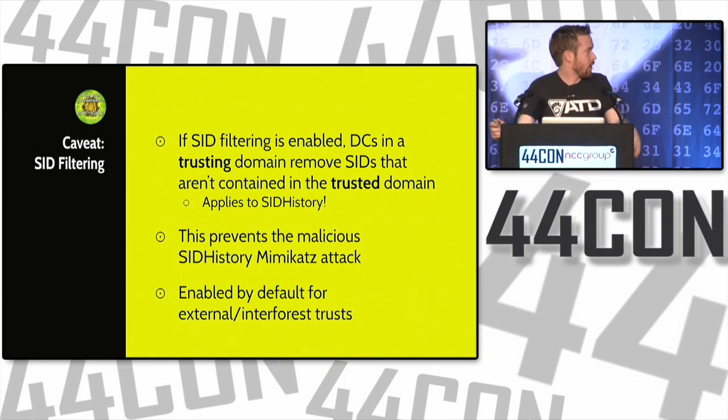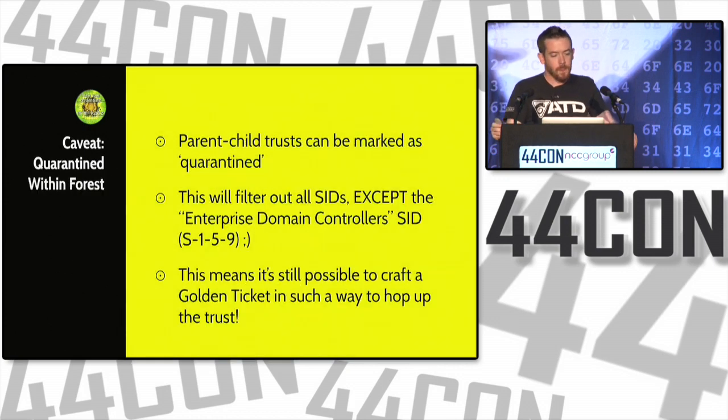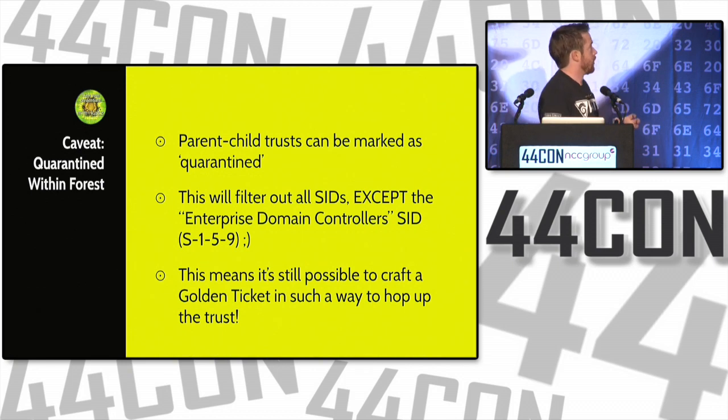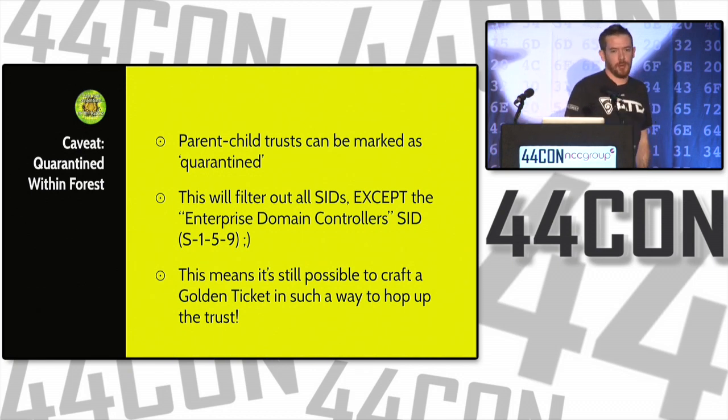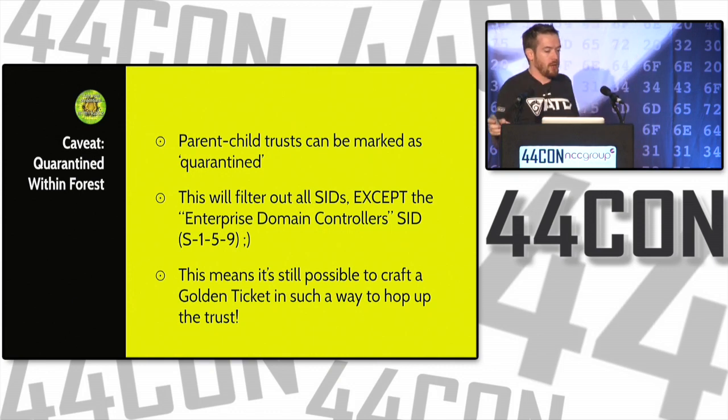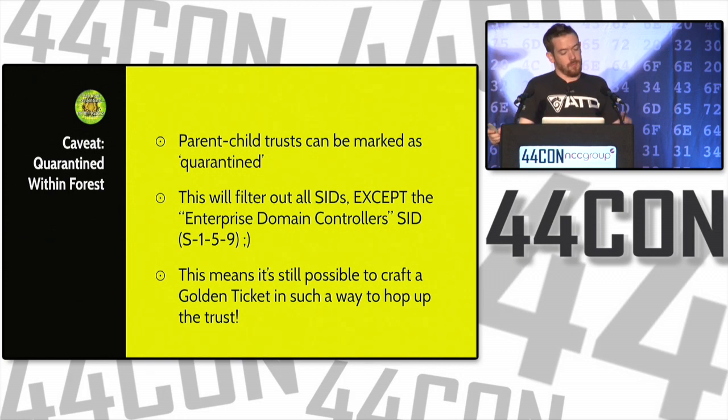It's enabled by default for external and inter-forest trusts. You can also enable it for trusts within a forest. There's quarantine within a forest as a particular security protection. If it's marked as quarantined, this will filter out all SIDs except the enterprise domain controller SID, which is S-1-5-9. A lot of people thought, OK, this is a reasonable mitigation.